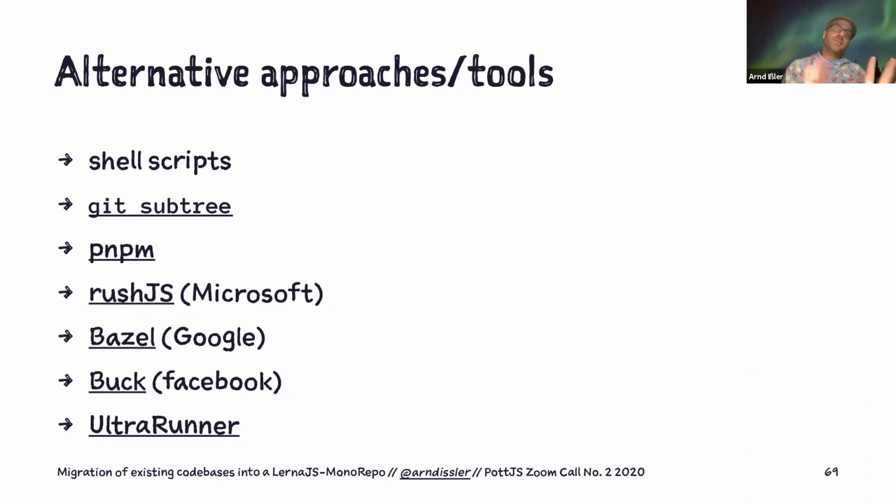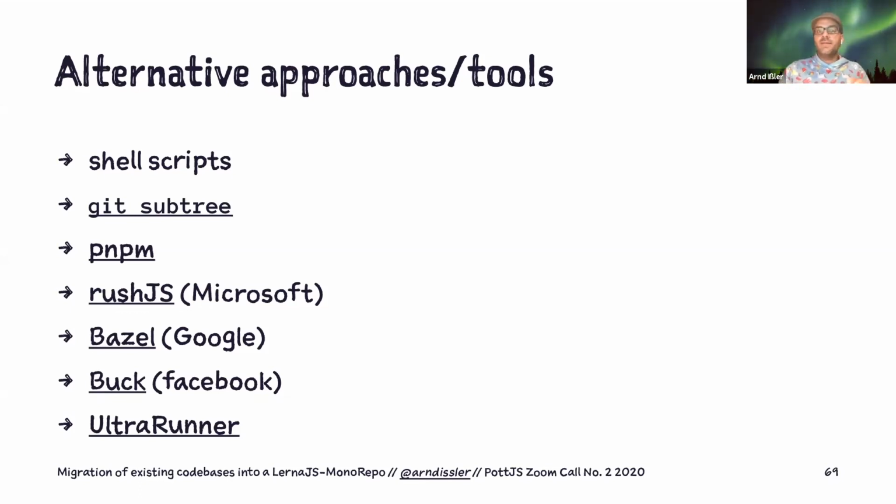Yarn 2 is kind of picking up. Then there is another monorepo handling tool, which is Rush.js. It's from Microsoft, and it's worth a look, really, I promise. And then there is Bazel, this build engine from Google, and there's also Buck from Facebook, which is also kind of a tool for building stuff.